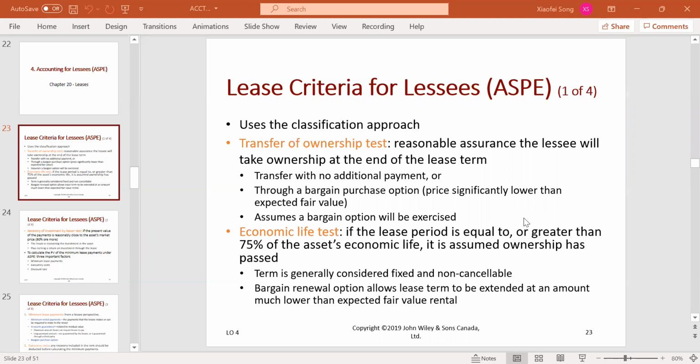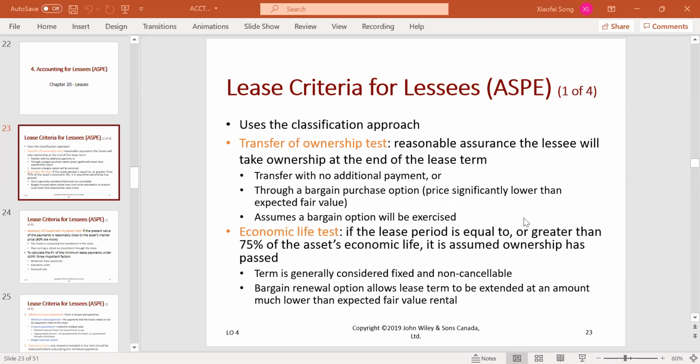So the idea, if for most of the property's useful life it was leased, then the lessee would pretty much have enjoyed all the benefits of this property, substantially.